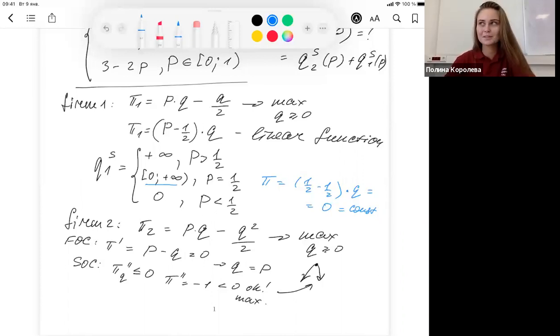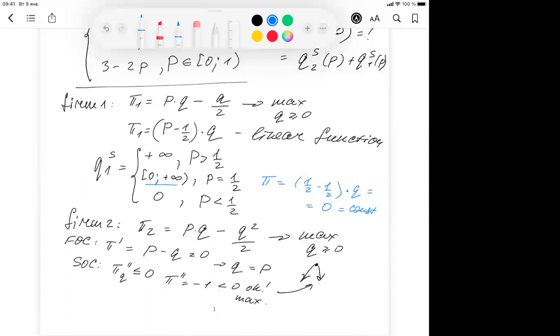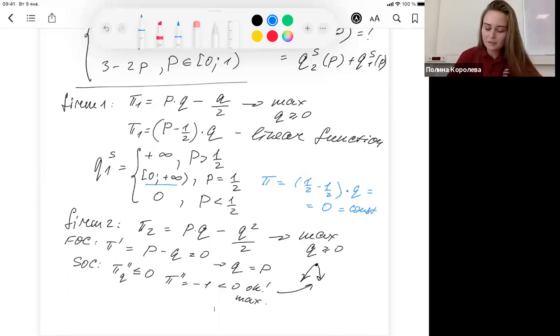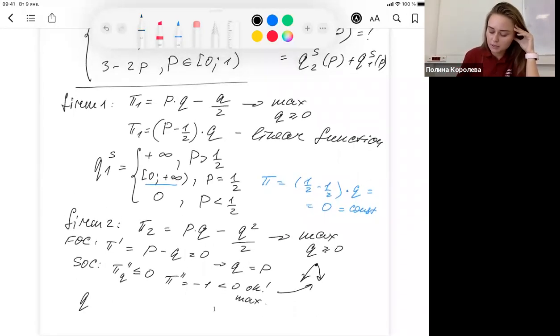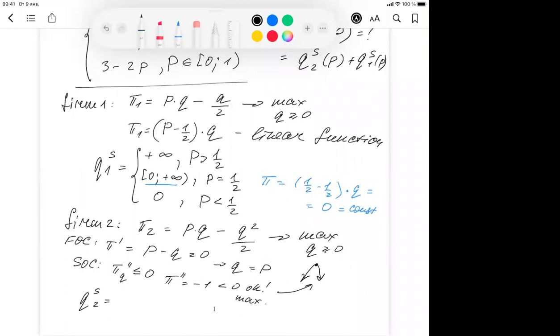We can produce 100 units, profit will be 0. Yes, understood. So we can choose any quantity from the interval from 0 to plus infinity, because profit will be 0 every time.